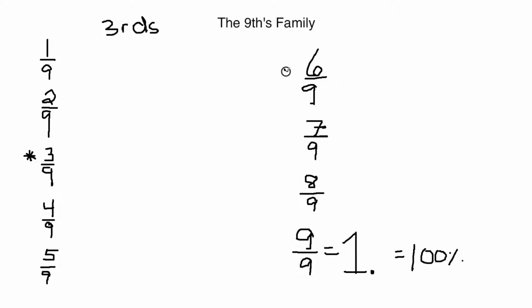Now the reason that I am not writing it and showing you like I have in the other ones is that the 9ths are just as easy as the 10ths. What is the rule for the 3rds? The 3rds family. They repeat. Well, since the 3rds are the only one that goes into the 9ths, guess what the 9ths family do?